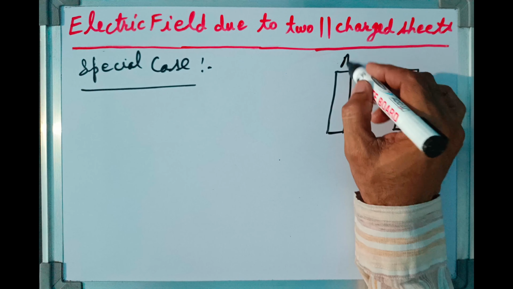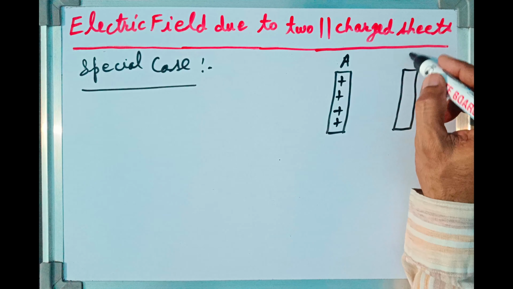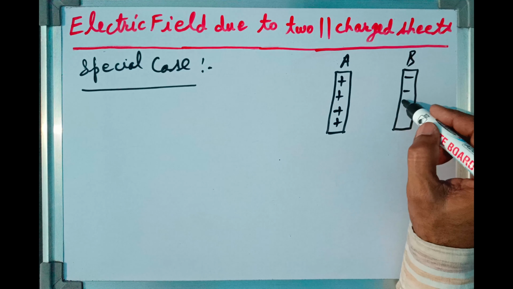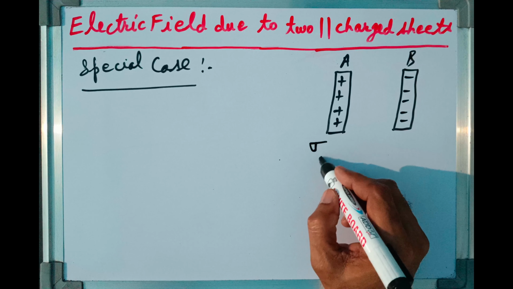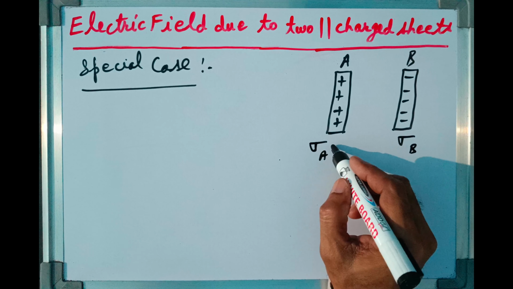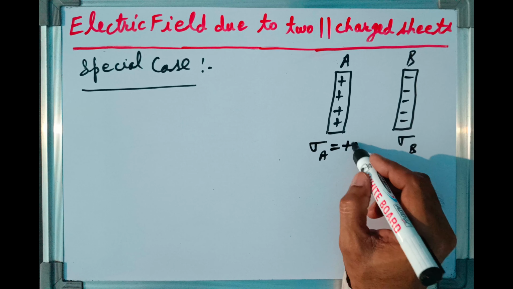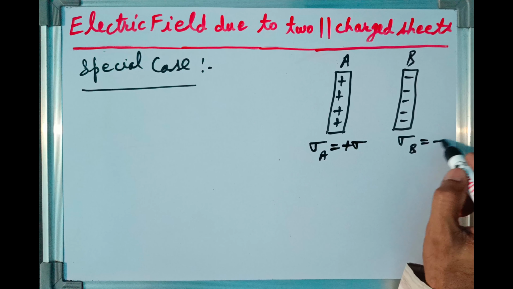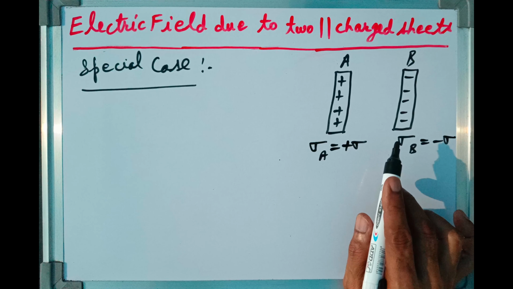Means suppose sheet A is positively charged and sheet B is negatively charged, and charge density of both the sheets is same. Let us suppose this sheet has charge density plus sigma, this sheet has minus sigma. Means magnitude of charge density on both these sheets is same.